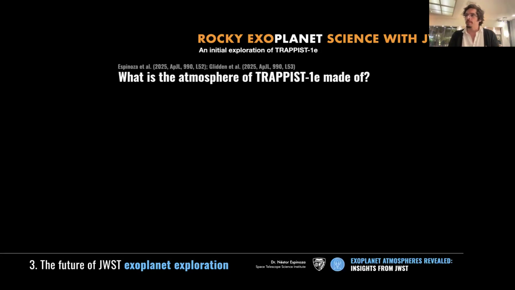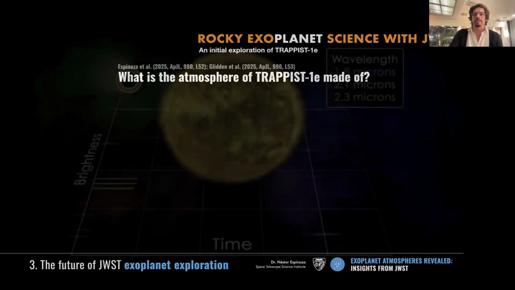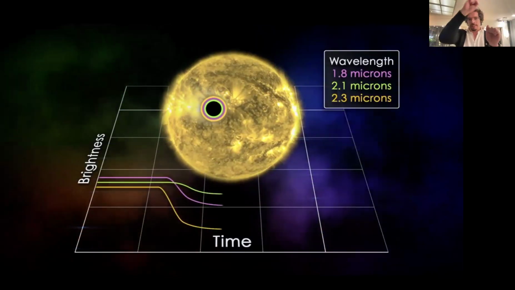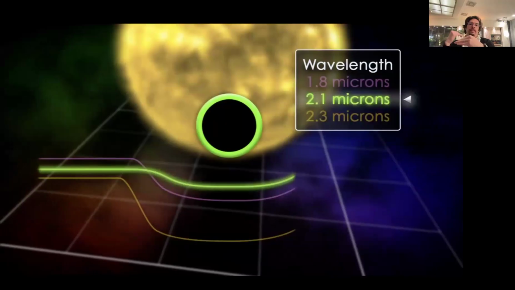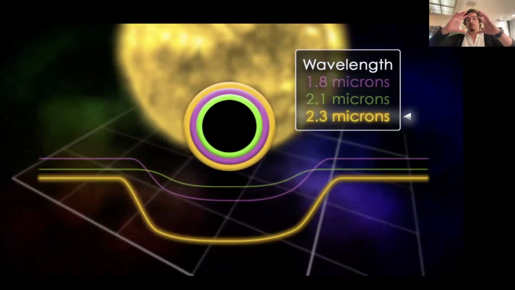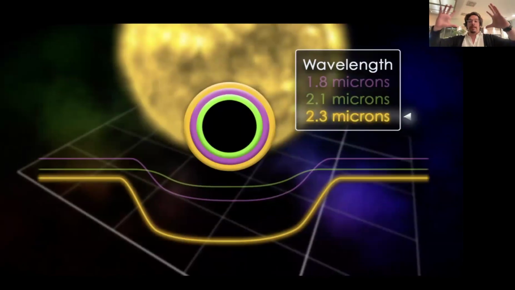This is the first exploration of this, in a couple of papers late last year. So this is very fresh out of the press. And I'm going to tell you a bit about a follow-up program to that as well. I have hinted at how we do this exoplanet atmospheric exploration, but in practice, what we do is that we try to measure these transit events at different colors of light. This is what you're seeing here. At the colors of light in which you have an absorber, the planet looks very big.